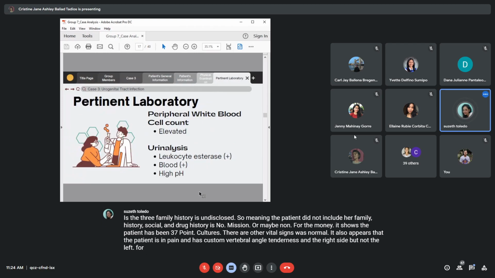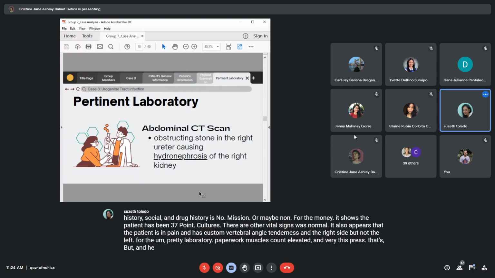For the pertinent laboratory, the patient's peripheral white blood cell count was elevated, and her urinalysis showed positive blood and a high count.